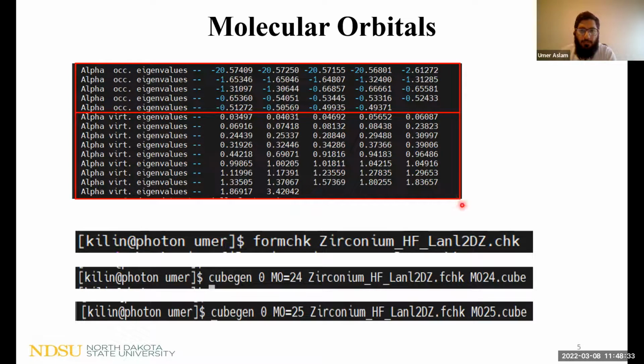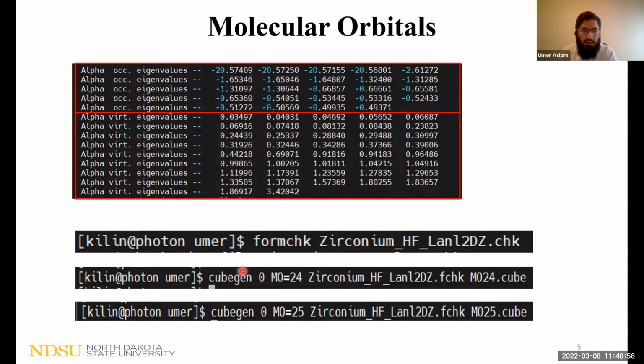And before that, we have to convert the check file of that optimized structure into formchk. And this formchk is basically an input for the visualization software. So we simply put a formchk command that makes a formchk file.